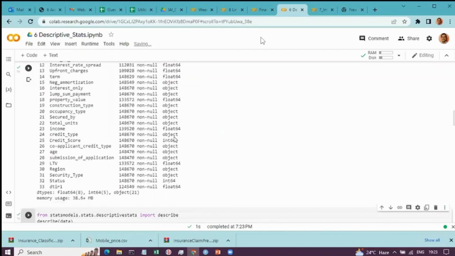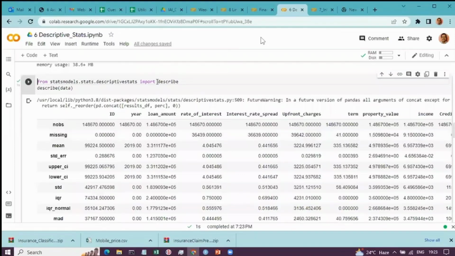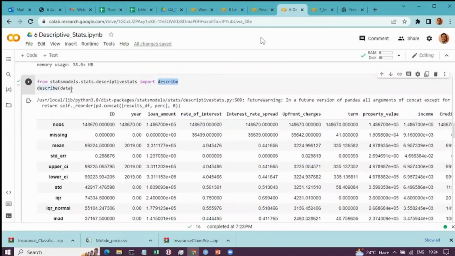Now, I think the most important thing that you can look at here is the descriptive statistics. You are trying to describe the data, right? This particular element will give you many insights.